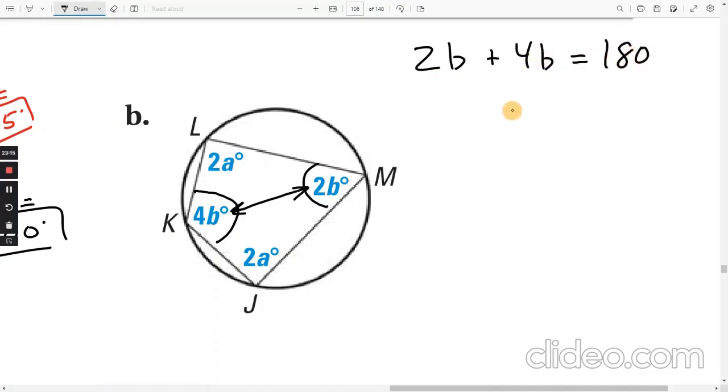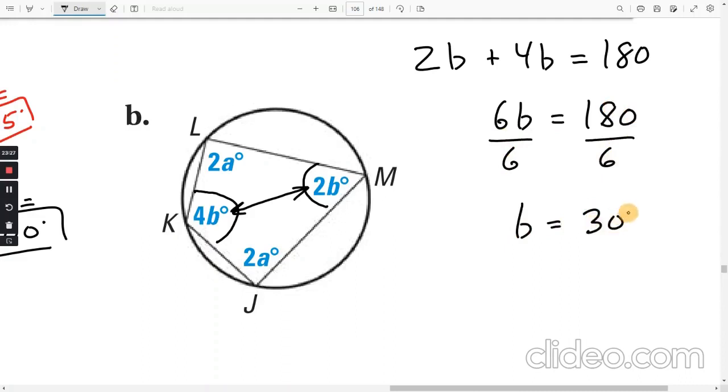Combine like terms. 6B is 180. And dividing both sides by 6, B equals 30 degrees. They just asked for the variable, but if they asked for the actual angle, you would just plug in 30 in place of B right there and right there.